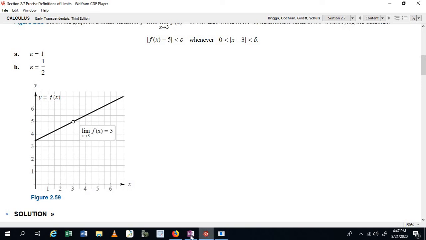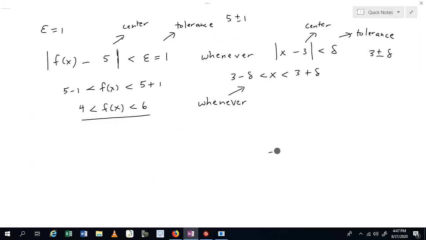Okay, so let's go back. I need x to be trapped between 1 and 5 in order for this to happen, in order for f of x to be trapped between 4 and 6. Okay? And so what does that tell me about delta? Well, it looks like delta needs to be equal to 2.